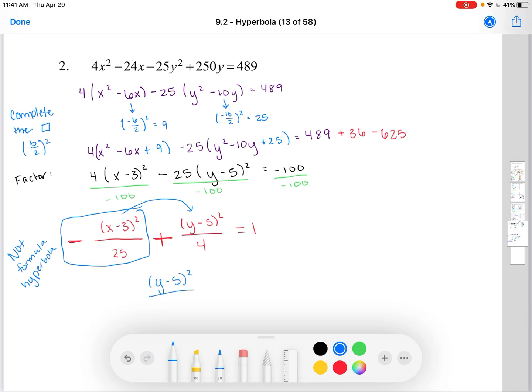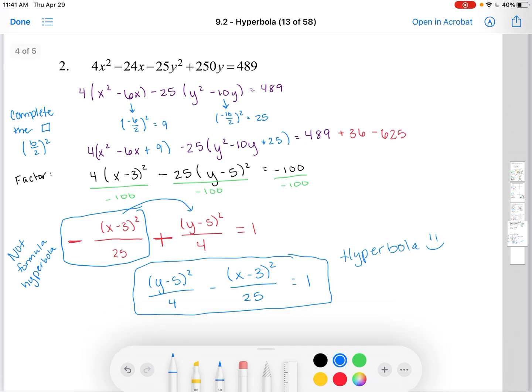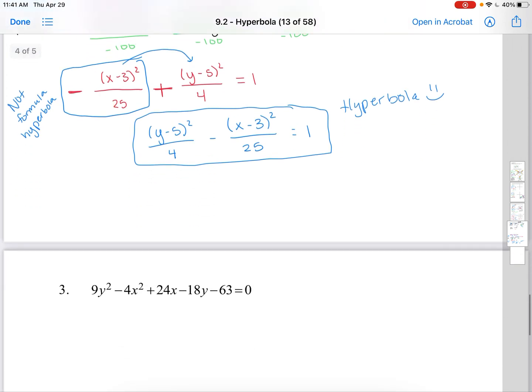And if I do that, that will officially give me the hyperbola's function. I have a positive fraction to start and then a negative fraction as the second fraction. So I know that this is in fact a hyperbola. So even if the directions didn't tell me I had a hyperbola, I know at the end I created a hyperbola.